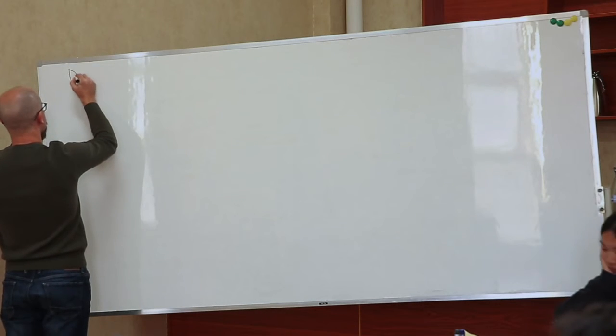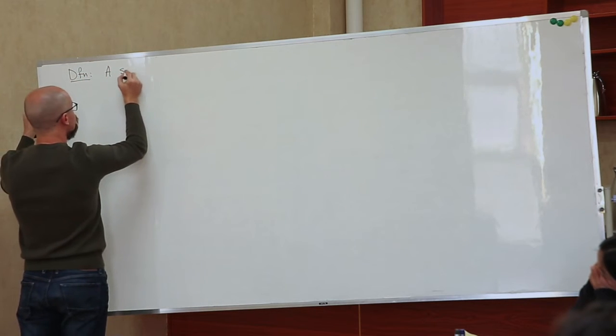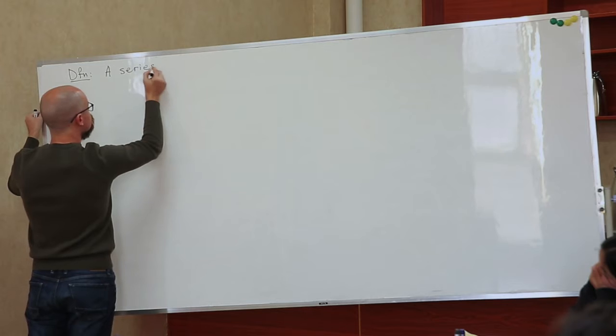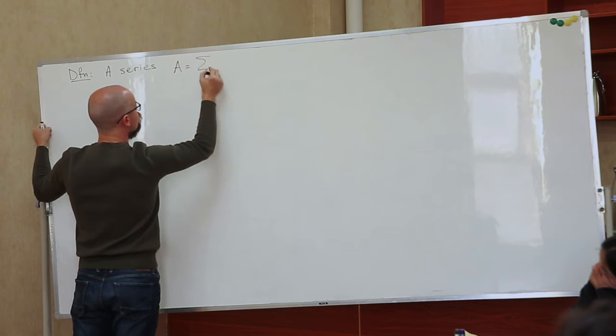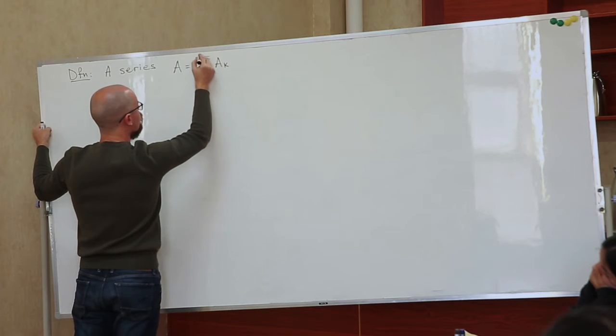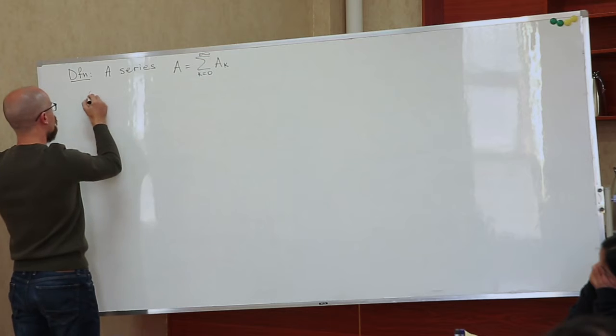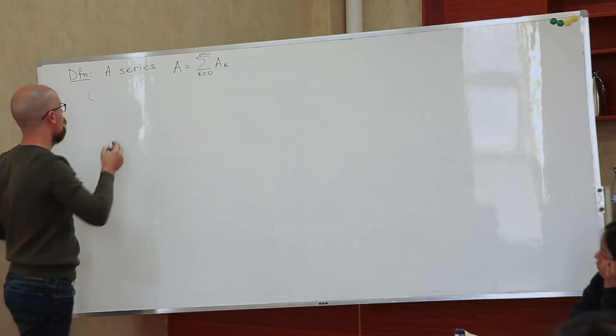Definition. A series A equals the infinite sum of A_k, where we understand the convergence of this series in the operator norm.